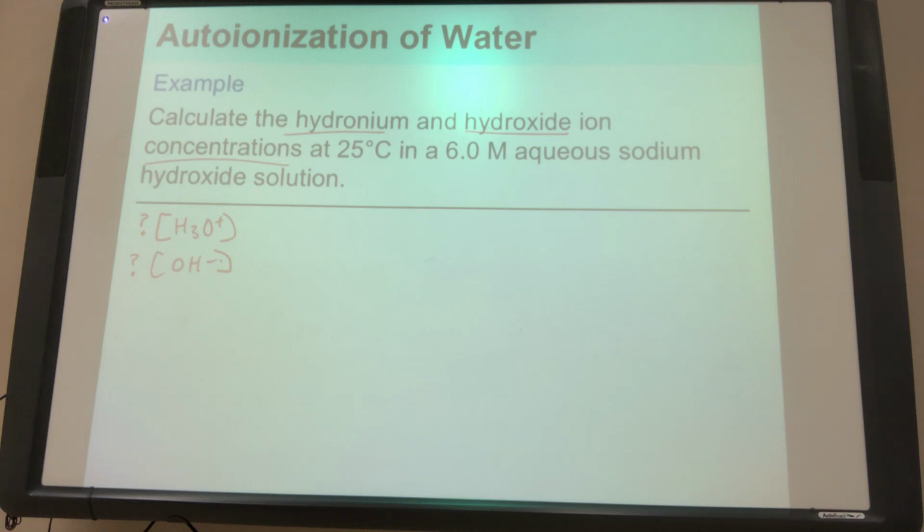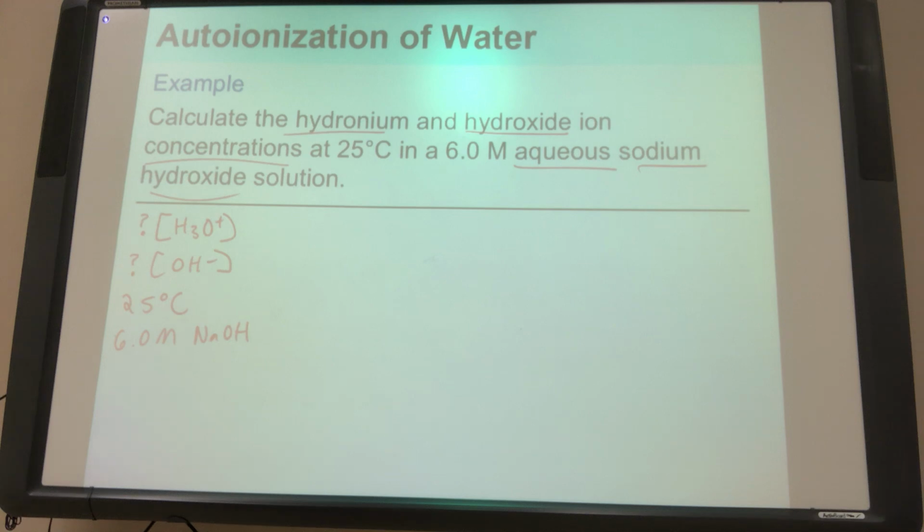Okay, and then what did they give me? They said 25 degrees Celsius, and then I have 6 molar aqueous sodium hydroxide. So I need to know how much H3O+ I have and how much OH- I have.